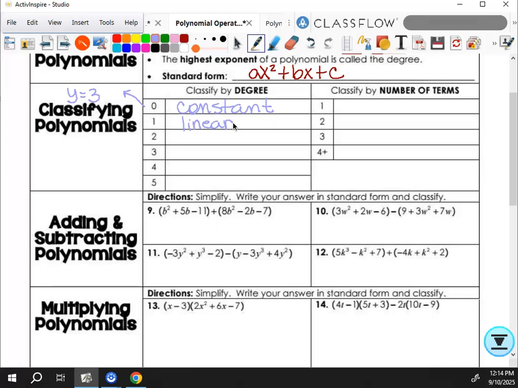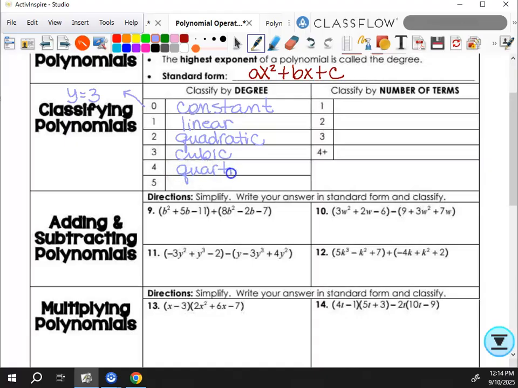All right, if I have a second degree, what do we call that one? You know that, quadratic, thank you. What about degree of 3? Cubic. What about 4? Quartic.